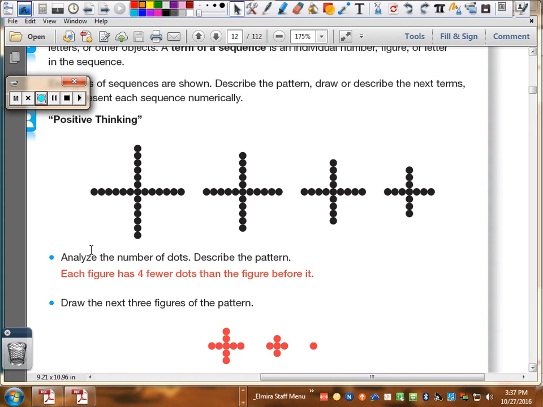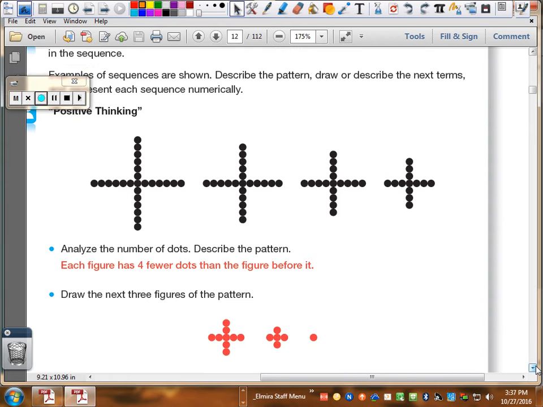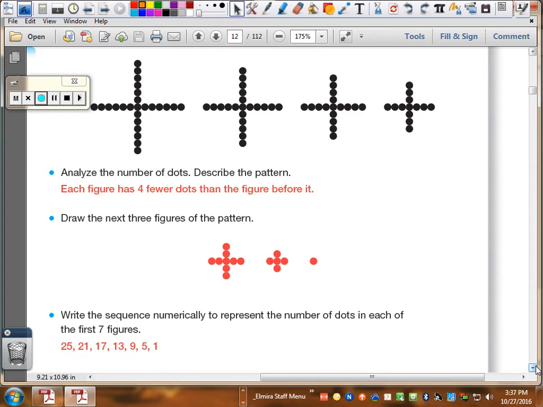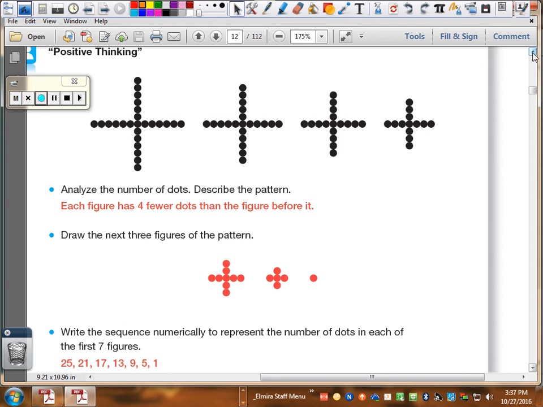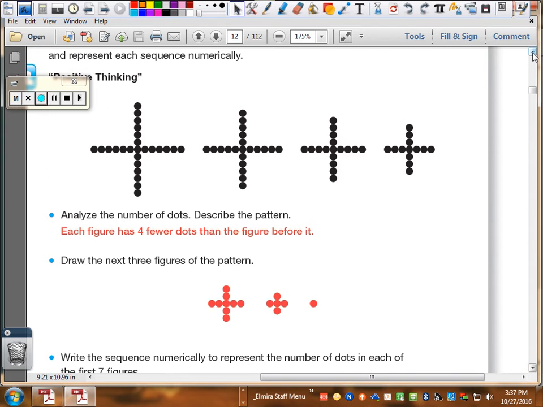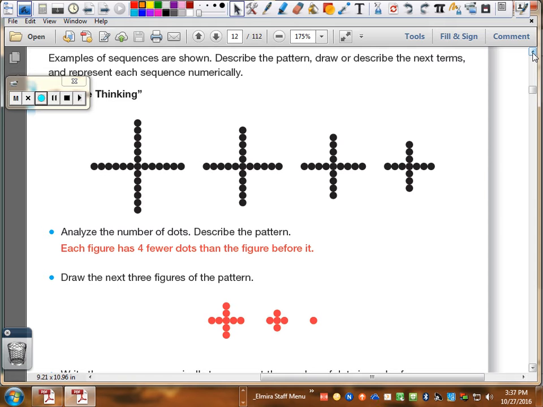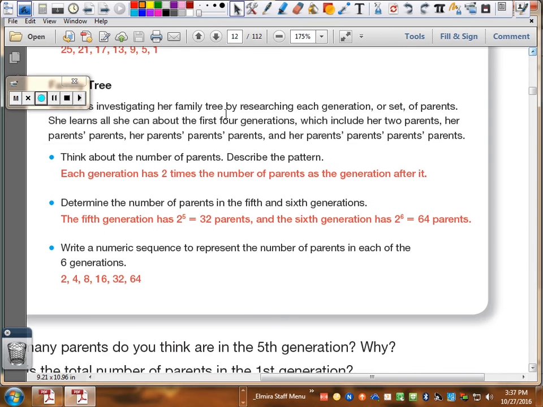I think I just said the wrong numbers, didn't I? I did. 25, 21, 17, 13, 9, 5, and 1. So the point is that this is a finite sequence because after this single red dot here, I can't take 4 red dots away anymore.